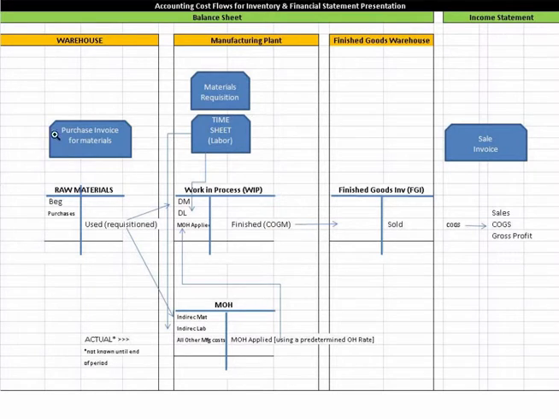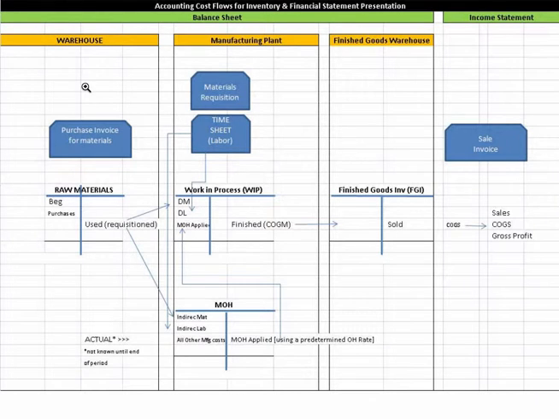So again, here you have a purchase order. You purchase materials, so you go on the debit side of the raw materials T account or general ledger account, and as you use them up, you credit the raw materials account. Indirect goes into the MOH account, and the direct materials goes into the WIP account. Direct labor is placed directly into the WIP because you cannot inventory labor, so it goes directly into the manufacturing plant.